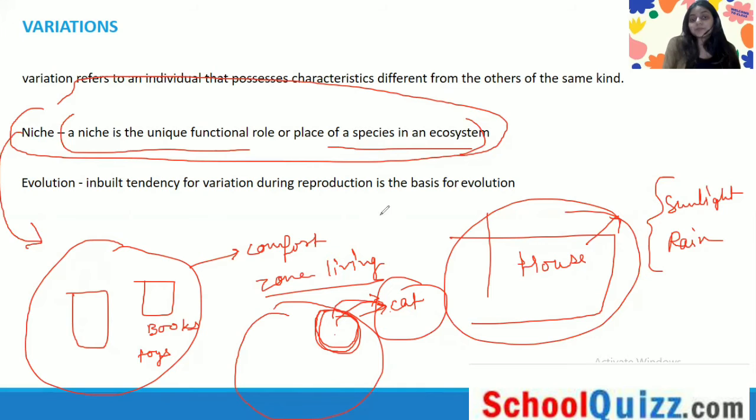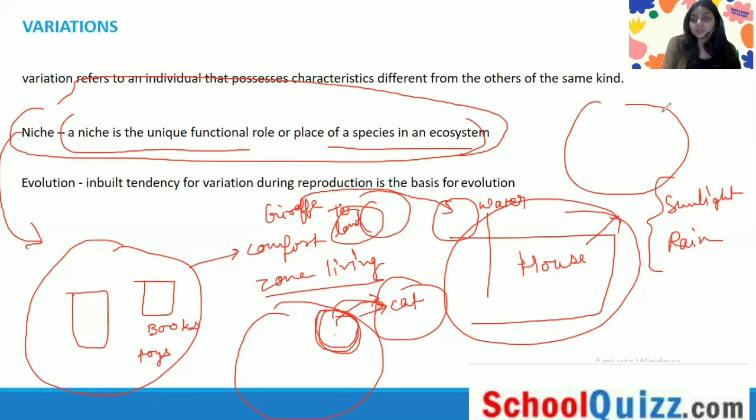Let's say there are terrestrial organisms living on the land, and organisms living in the water. What is the niche of the giraffe? What are the needs of the giraffe? The area of land, because the giraffe cannot live in water. So the particular area in an ecosystem where a species can survive, live, grow, and reproduce is called a niche.